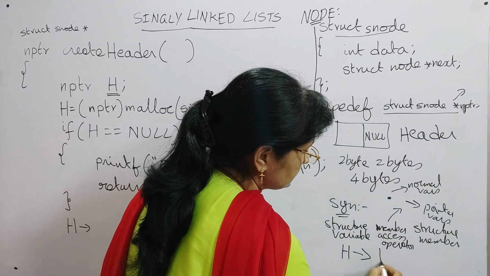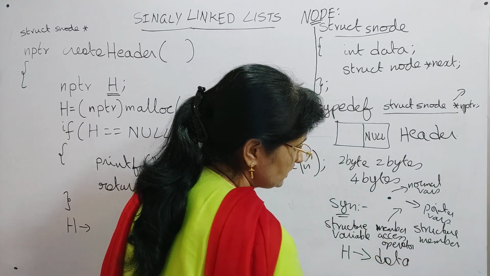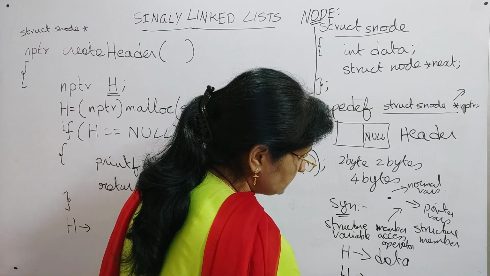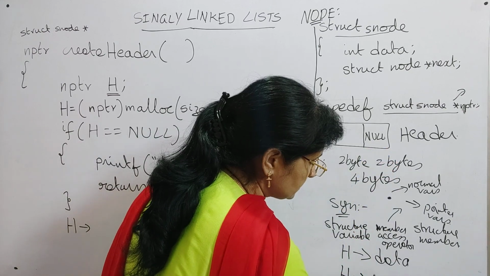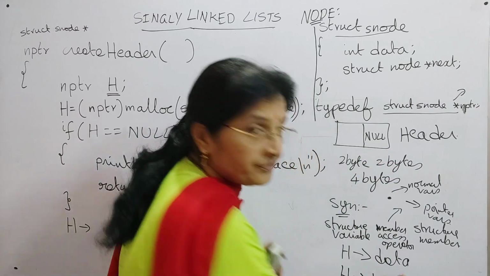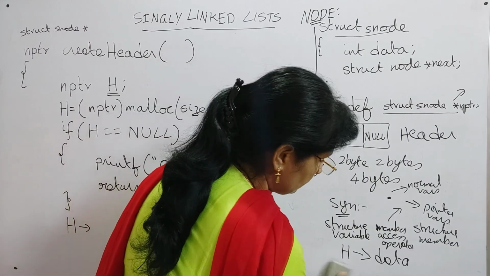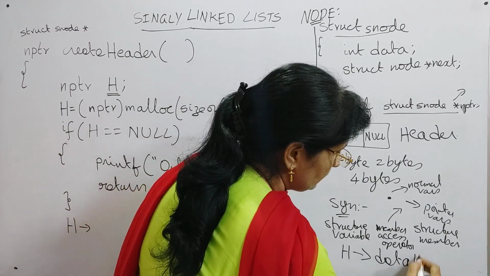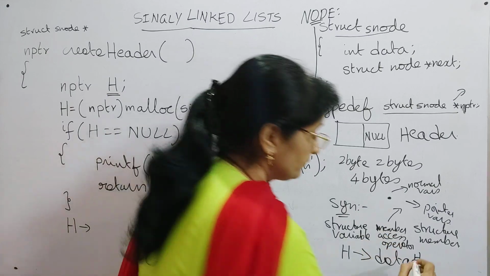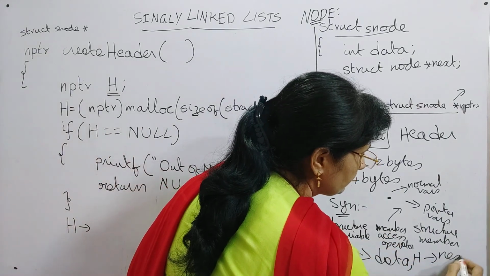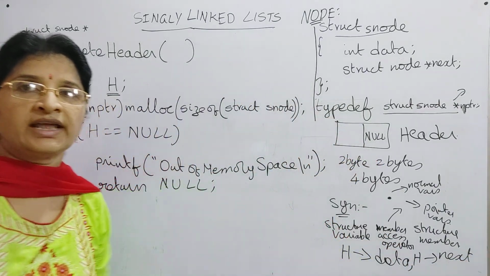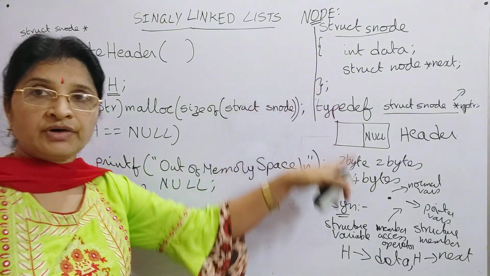So you can access the data as H hyphen greater than data, and similarly you can access the next as H hyphen greater than next. So this is how you can access the data members of your structure.